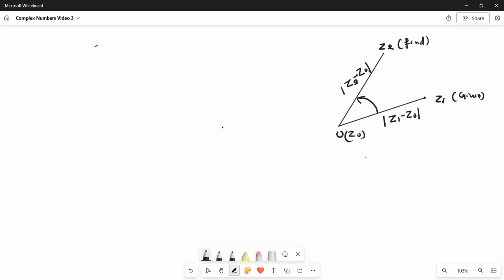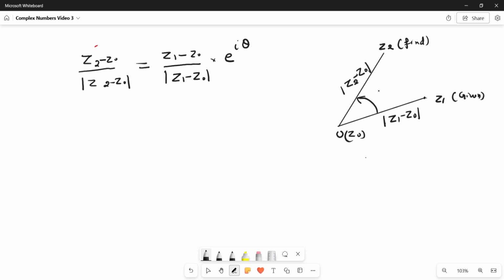Now we get this: Z2 minus Z0 divided by modulus of Z2 minus Z0 is equal to Z1 minus Z0 divided by modulus of Z1 minus Z0 into e raised to the power i theta. Theta is the angle.